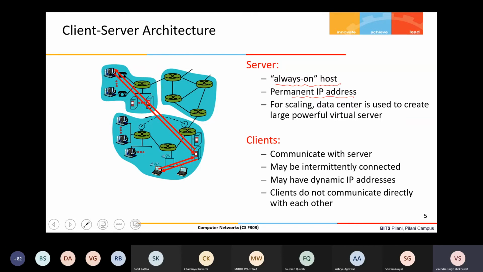That virtual server is a large powerful machine which runs on a shared infrastructure, right? So you have a huge amount of infrastructure in terms of computing and processing power, and there you create a logical machine, basically not a physical machine, correct?